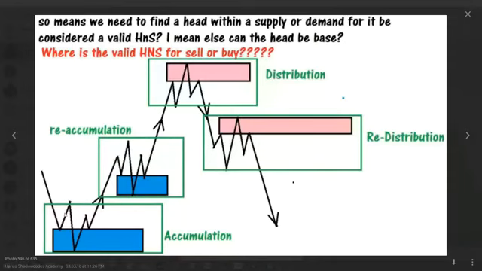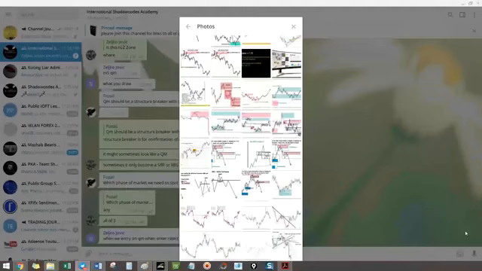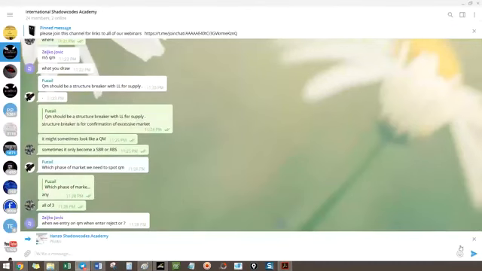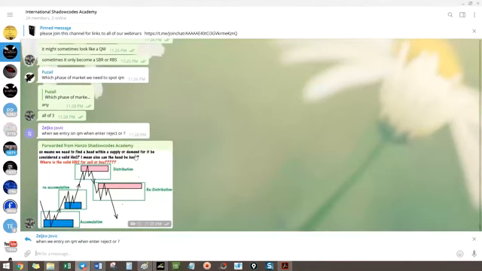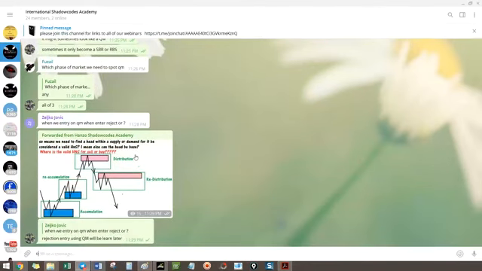You will also find this pattern inside this consolidation, in reaccumulation, accumulation, distribution, redistribution. Entering on rejection using QM will be learned later in chapter 4.